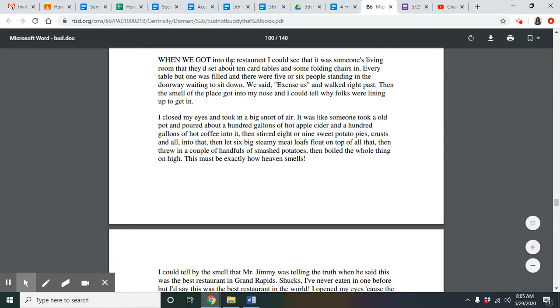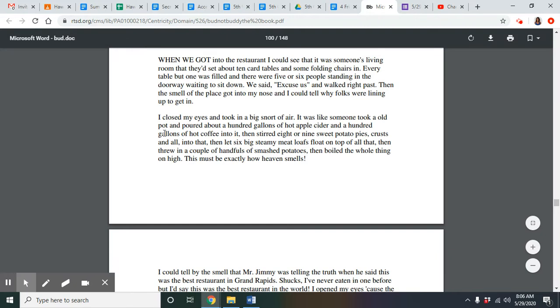Chapter 14. When we got into the restaurant, I could see that it was someone's living room that they set about 10 card tables and some folding chairs in. Every table but one was filled, and there were 5 or 6 people standing in a doorway waiting to sit down. We said, "Excuse us," and walked right past. Then the smell of the place got into my nose, and I could tell why folks were lining up to get in. I closed my eyes and took in a big snort of air.